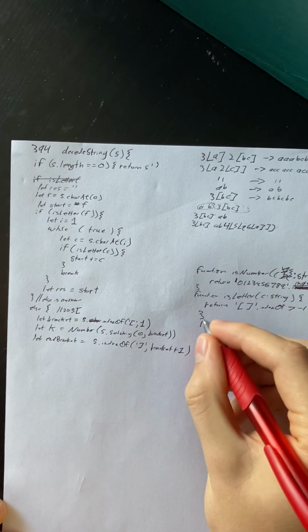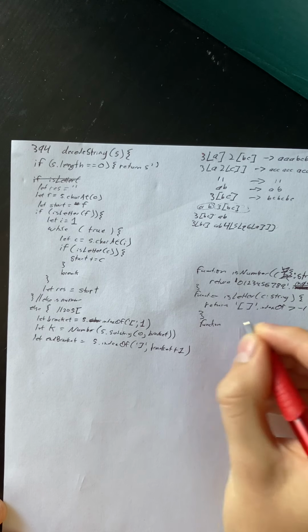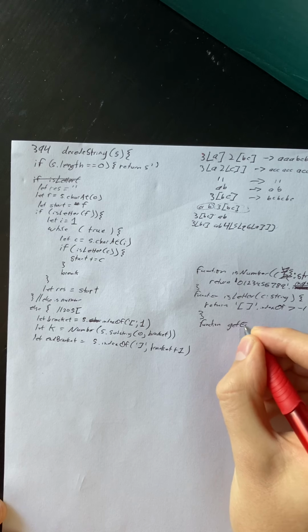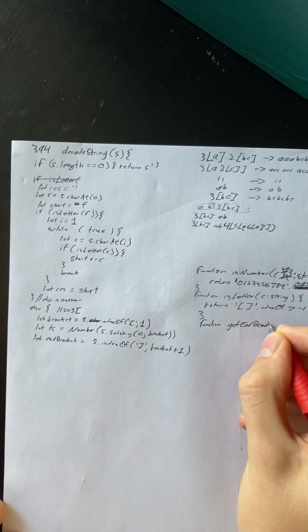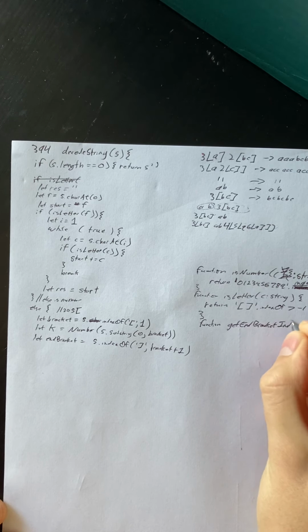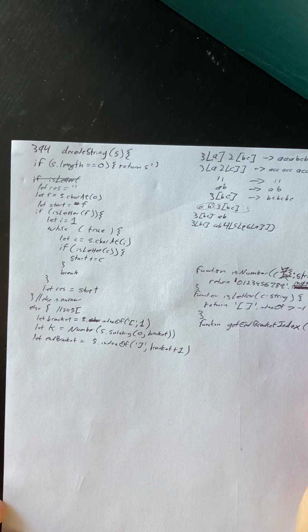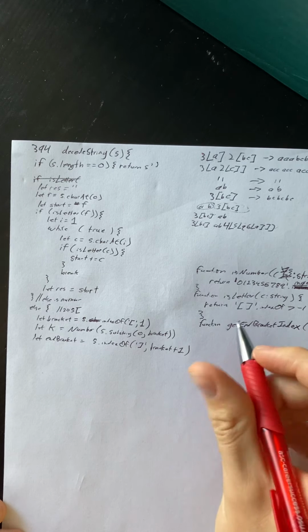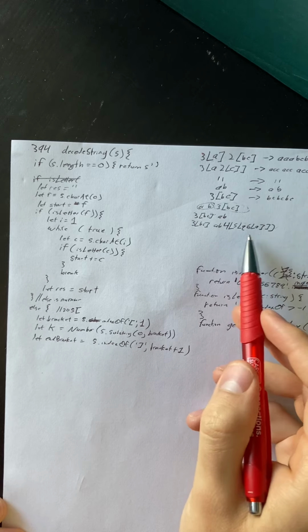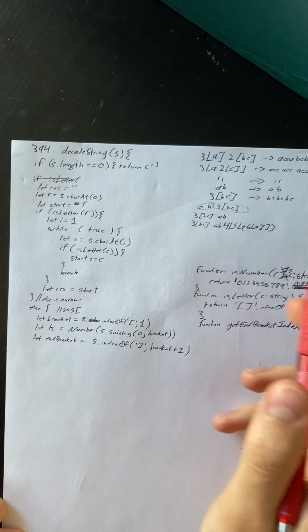So we're going to make another helper function called get end bracket index. We're just going to keep track of the number of groups we have open, the number of bracket groups.